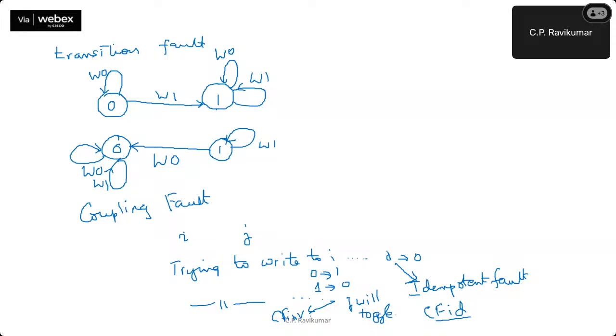In reality, of course, all of them are not likely to occur, because what is the chance that two cells which are not physically in the neighborhood will end up with a coupling fault? That may be very low, right? So you may want to take the physical layout into account and see whether the neighborhood cells will have the coupling or something like that, right? But in reality, people assume that any cell I could have a coupling fault with any cell J.